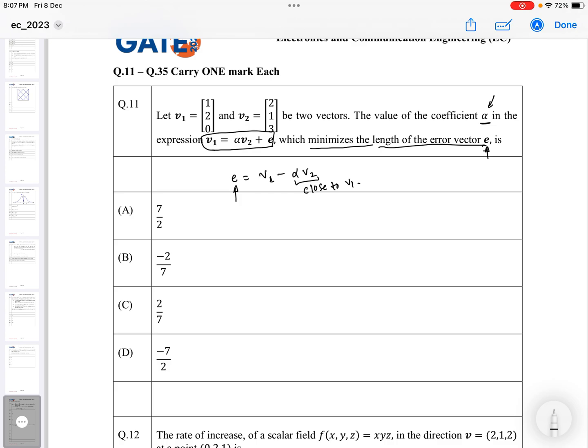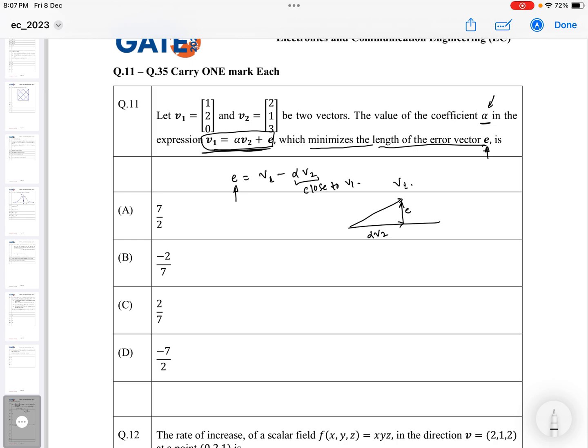If you look at this expression, then v1 is the sum of some vector alpha v2 and this e.